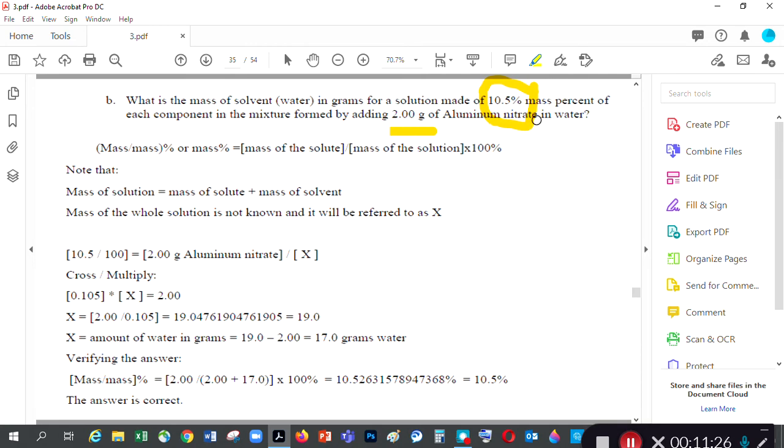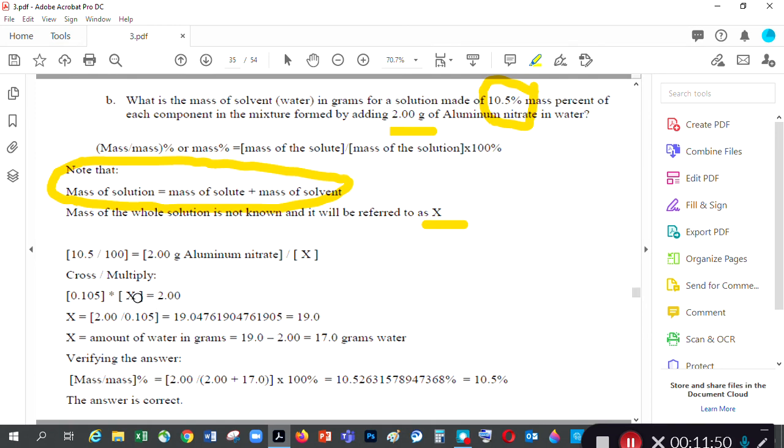So let's set it up. Mass of the solution is the mass of the solute and the mass of the solvent, both. The mass of the whole solution we don't know, so we can call it X. So 10.5% over 100, that's the percentage, equals 2 grams aluminum nitrate divided by X, which is the grams of the solution.